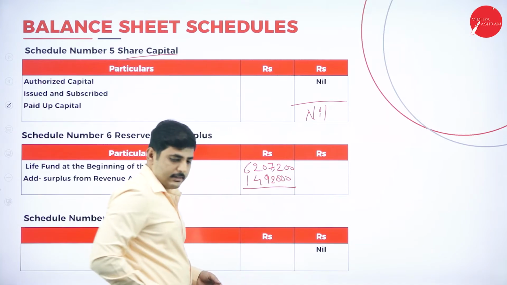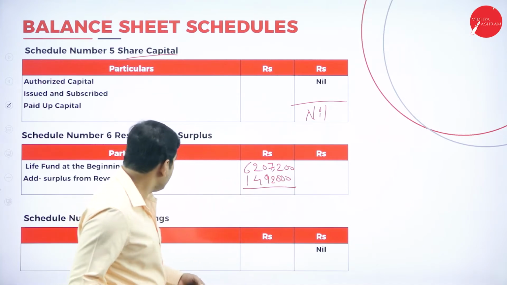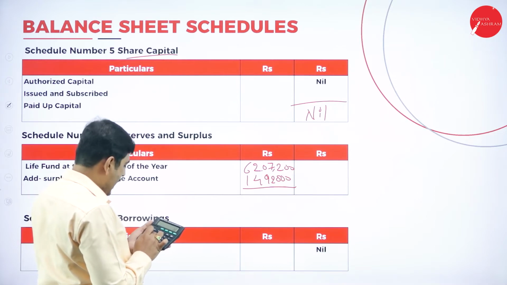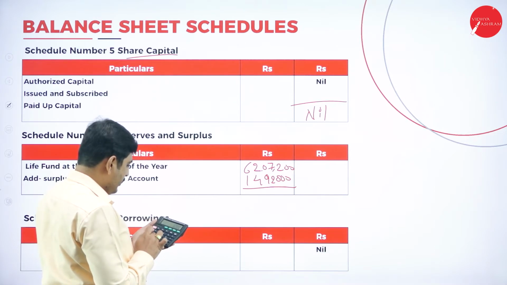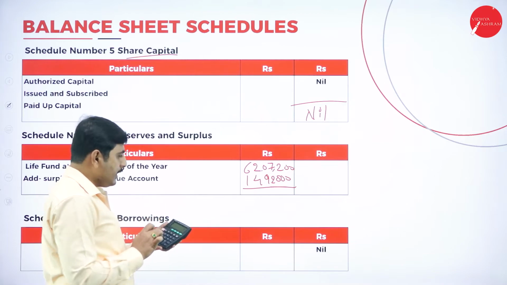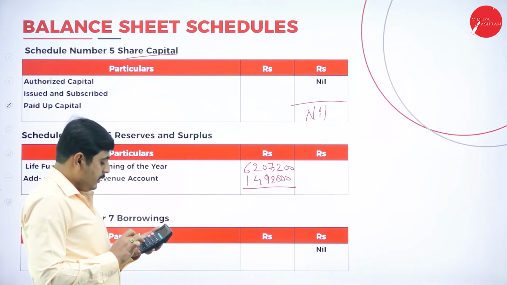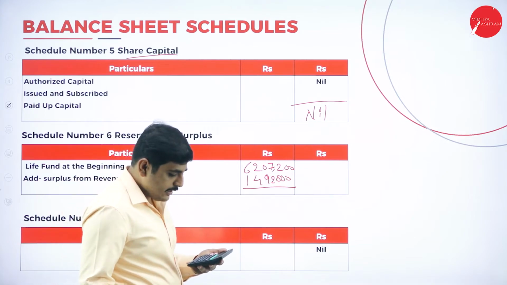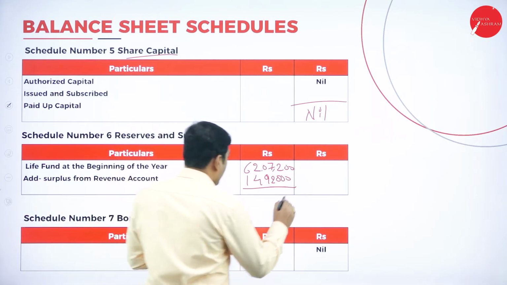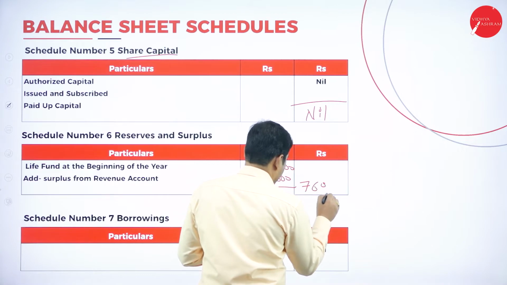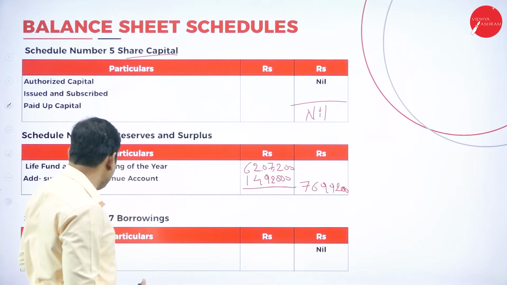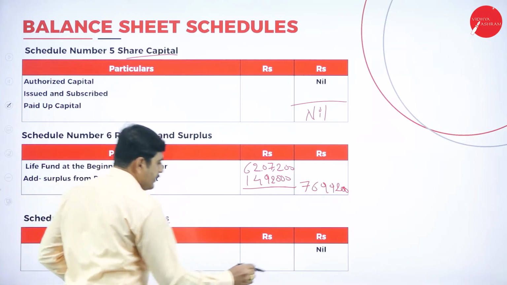Add this amount and we'll get the total for schedule number 6: 62,07,200 plus 14,92,000, we'll get 76,99,200. Next one, borrowings. We don't have borrowings, it is nil.